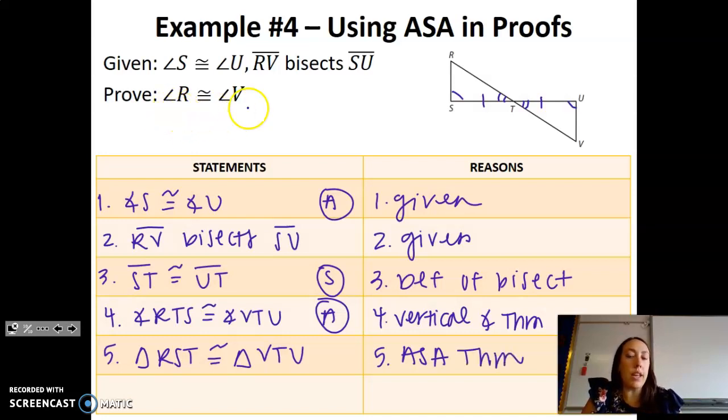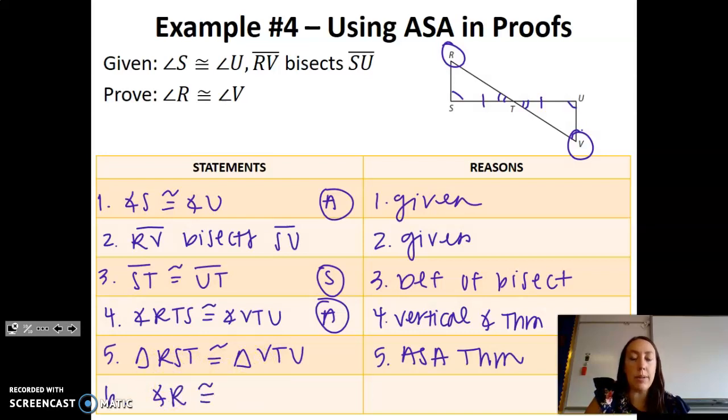Okay, we're trying to prove that angle R is congruent to angle V. Well, I just said the two triangles were congruent, so since I know the two triangles are congruent, I know all of their pieces are congruent. So after step 5, saying my two triangles are equal, now I can go ahead and say angle R has to be congruent to angle V.